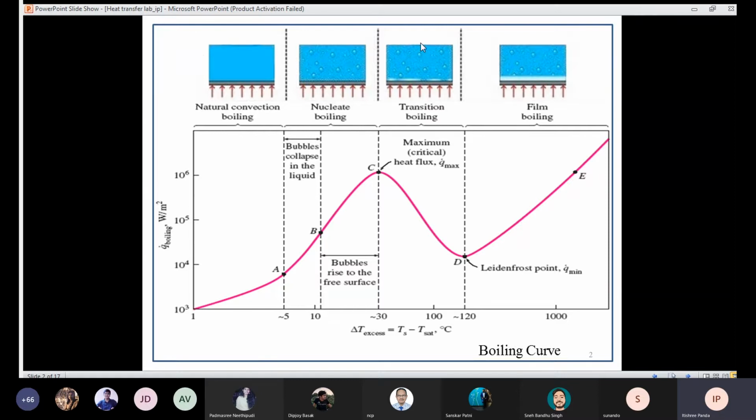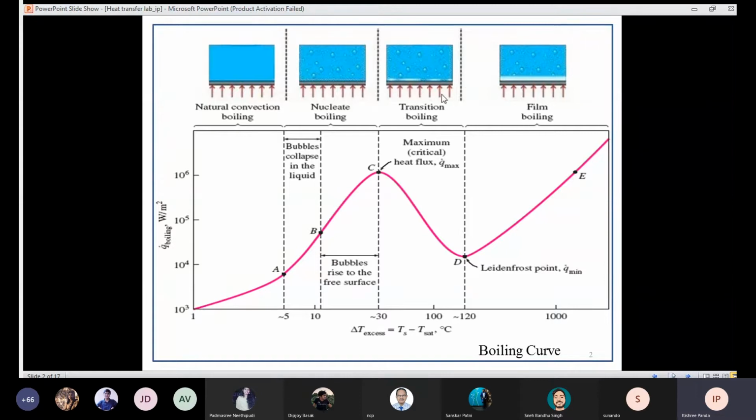The bubbles are mostly vapor, so the heat has to go through the vapor, probably by a conduction process. Then convection takes place between the vapor inside the bubble and the liquid outside the bubble. So a resistance will be present, and due to that resistance in series, there would be a fall, this fall. Now the entire region is going to be filled with a film of vapor, and we are going to see the transition from nucleate boiling to film boiling.